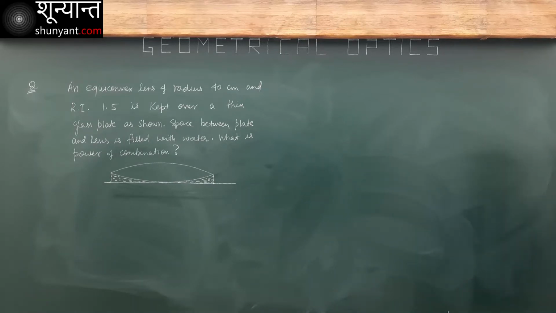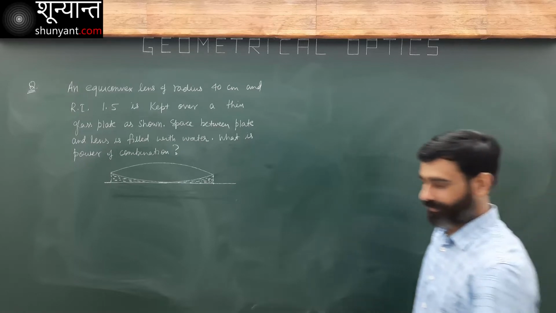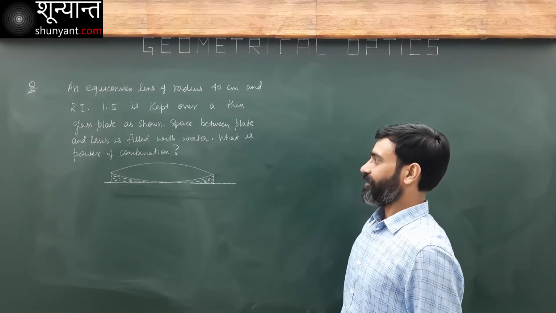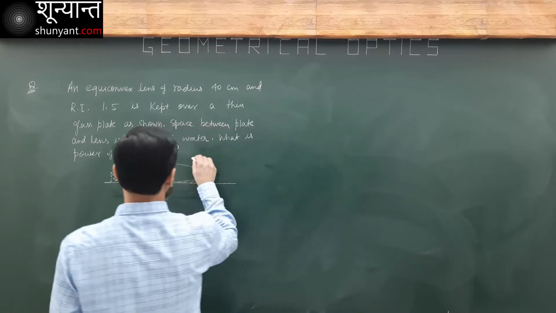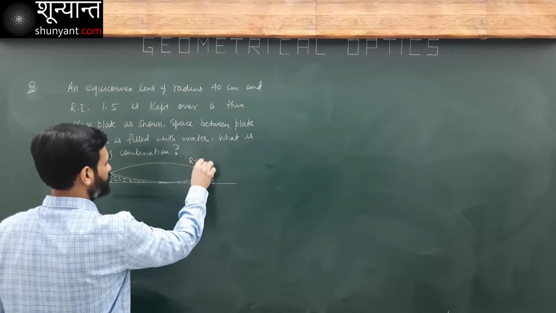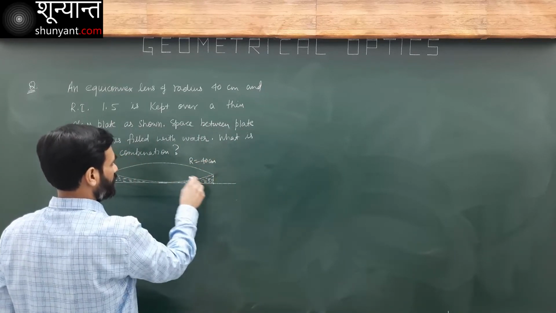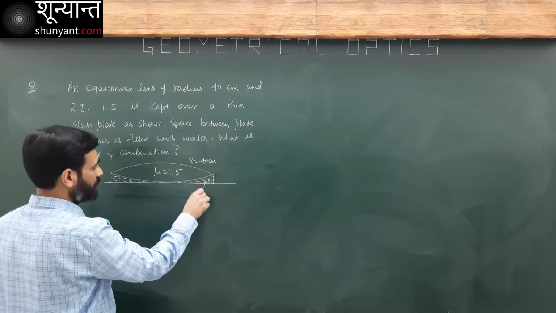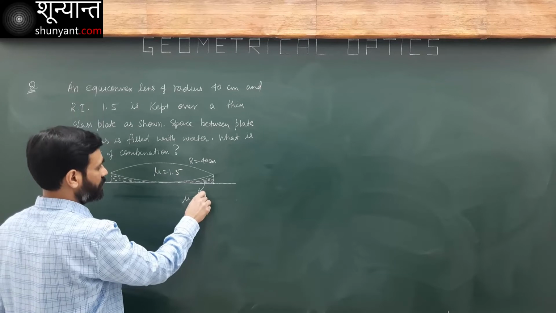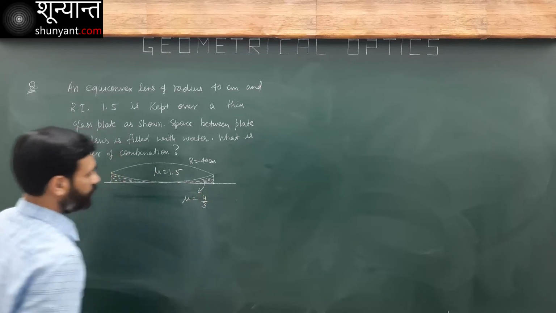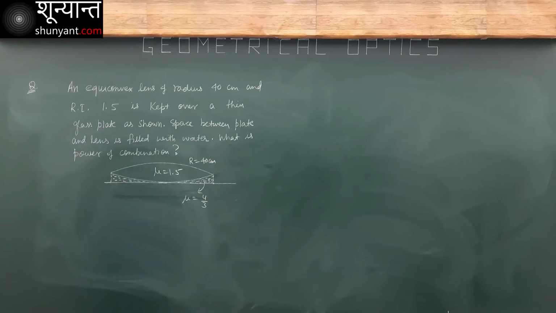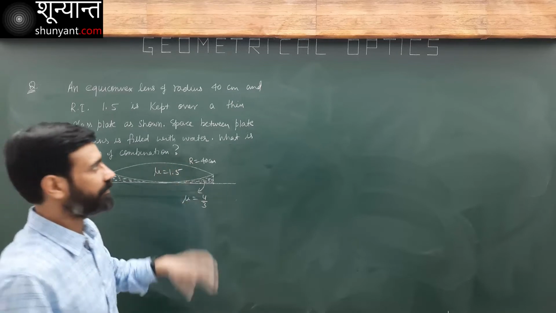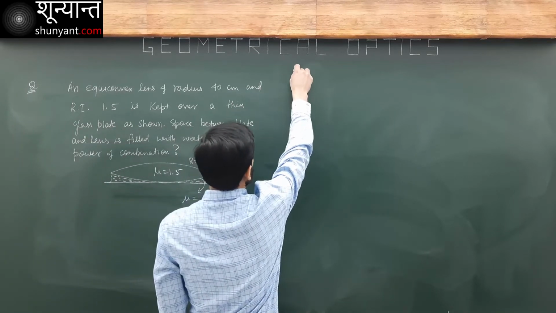If it changes, then what does it become? This radius is given. R is 40 centimeter. Mu is 1.5, and here mu is 4/3. Look at this problem. And then, let me write one more problem.